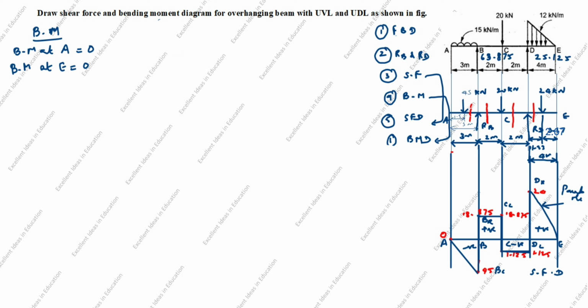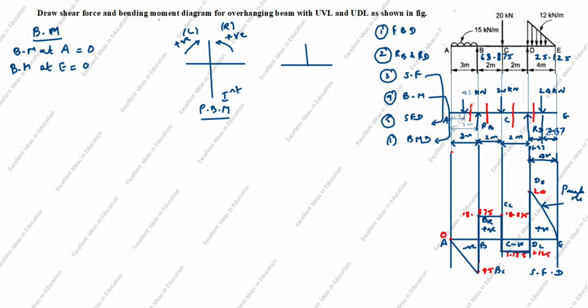Bending moment has two rules. First rule: the arrow goes clockwise is positive, anti-clockwise is negative. This is left side, this is right side. This is positive bending moment.